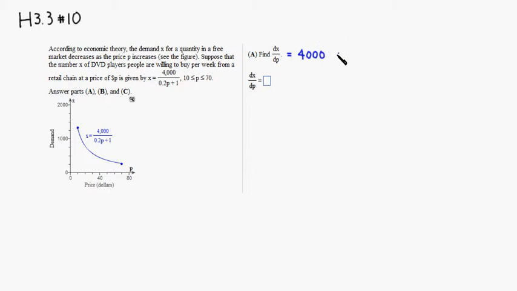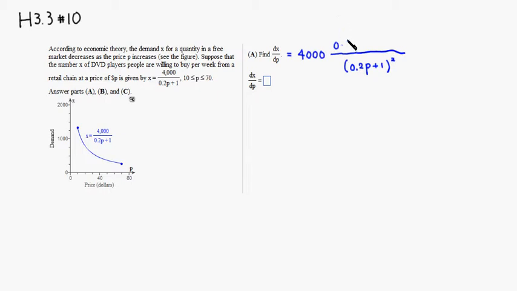Then you have the square of the bottom, so 0.2p plus 1 squared. That part is easy. Since 4,000 is pulled out, the numerator is just 1, and the derivative of 1 is 0.